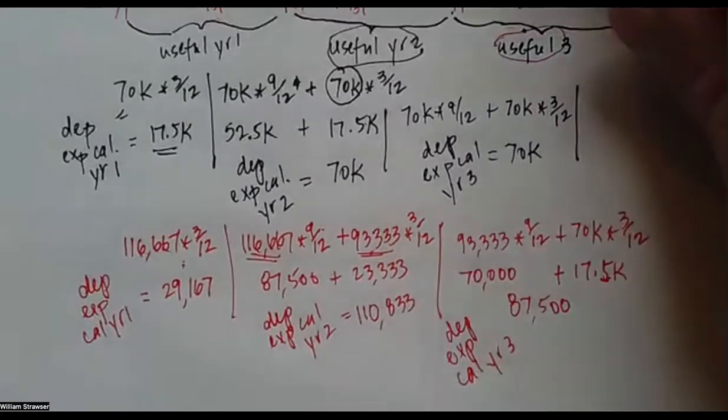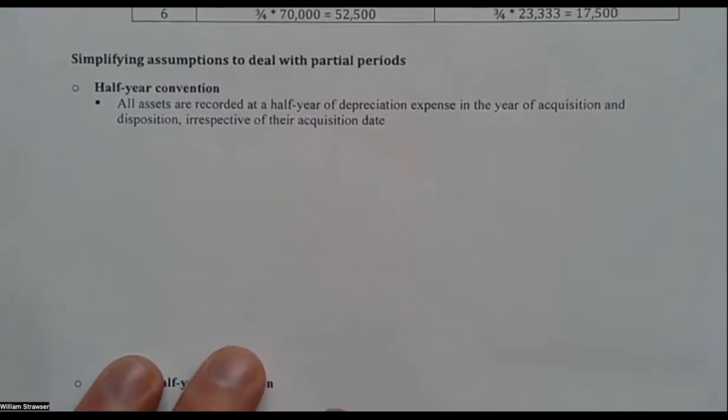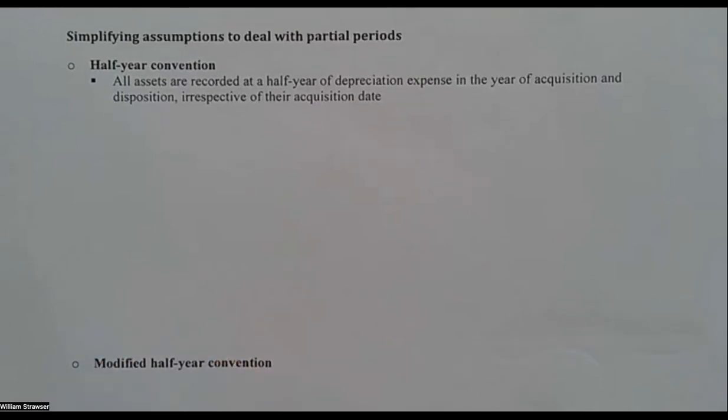And so what we use is a simplifying assumption to deal with partial periods. We use either the half-year convention or the modified half-year convention.